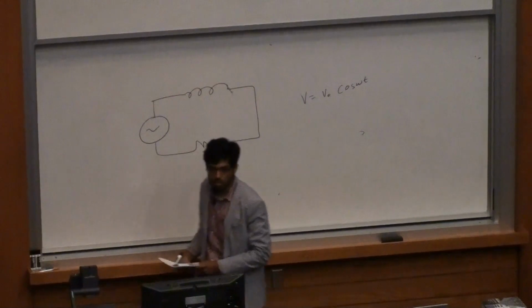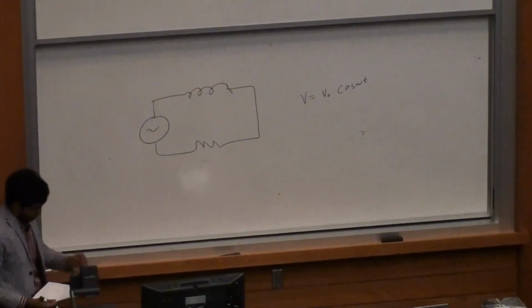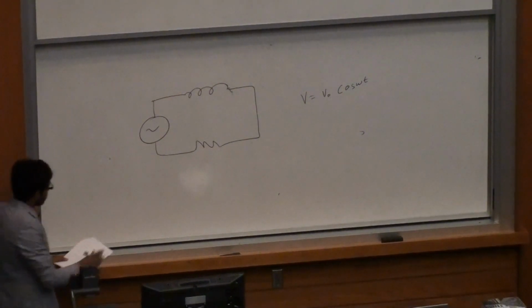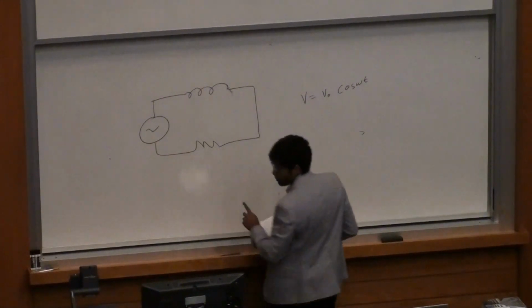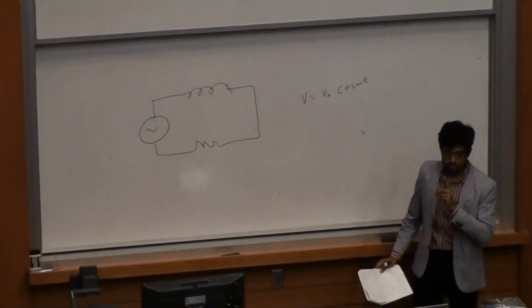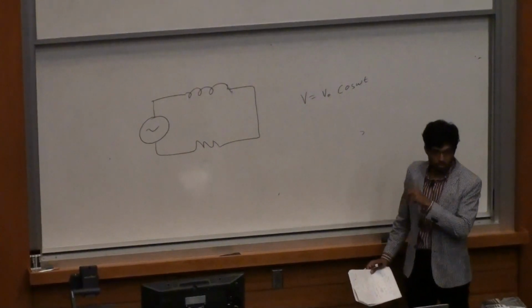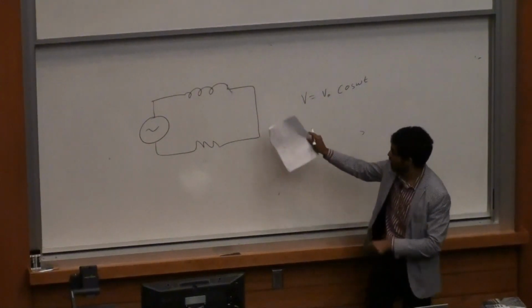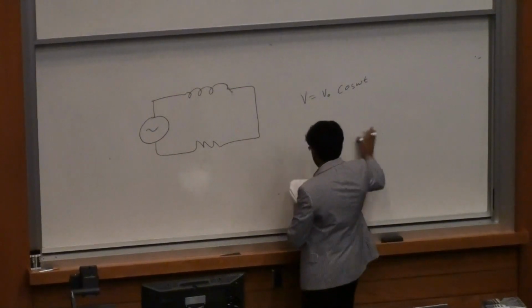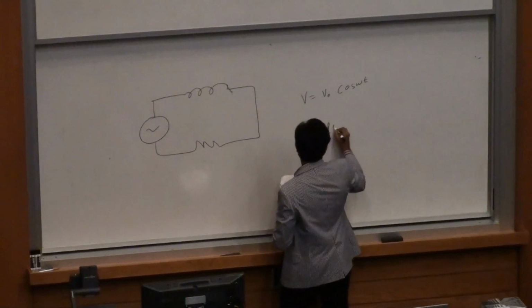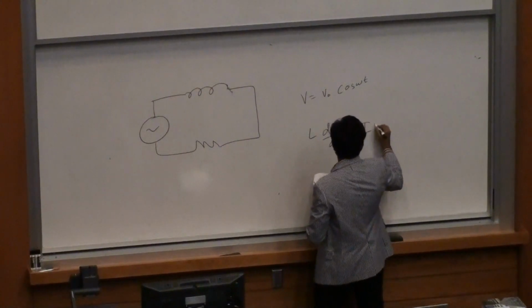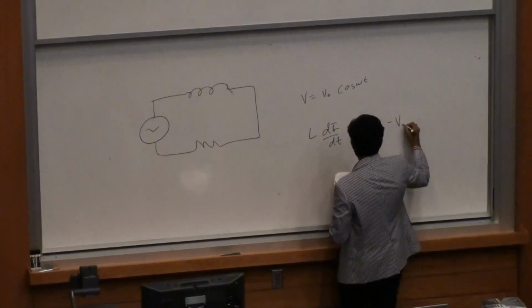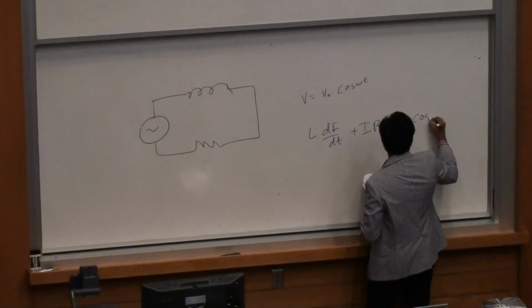Omega is obviously the angular frequency of this. So if I go around this equation, the differential equation I get, again, I have to go around using Faraday's law, not Kirchhoff's law, because I have inductance there. So I would get L di/dt plus IR minus V naught cosine omega t equals 0.